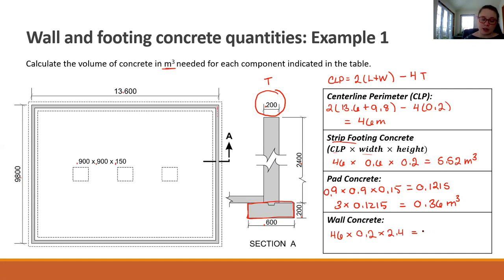So length times width times height gives us 22.08 meters cubed. So if I was doing a quote and I wanted to know the total amount of concrete that I need, these would be the 3 numbers that I would add together in order to find out what the cost of concrete is going to be.